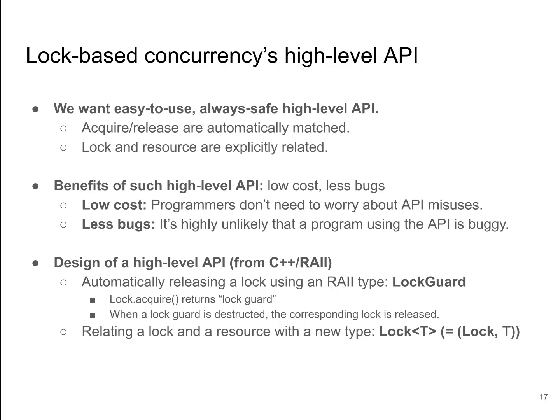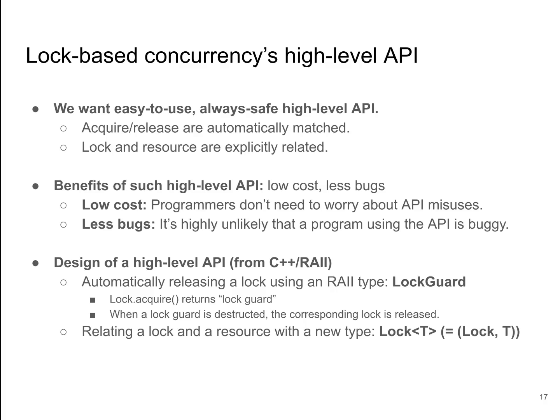I mean, if there is no such benefit, programmers should be concerned about the invariant all the time. But if the compiler guarantees this invariant, then you can just forget about this and use the high-level API, and automatically there will be no bug. So in particular, we want a high-level API that automatically matches acquire and release functions.